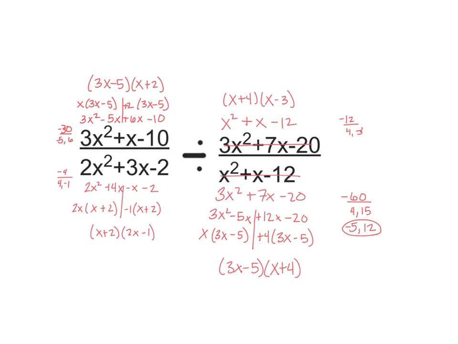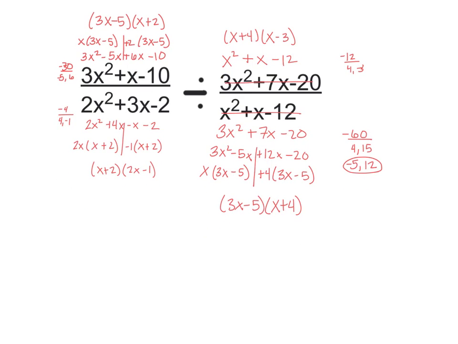And now I need to cross things out. So just because things are a little crazy, let's rewrite all of it down here. I have 3x minus 5, x plus 2. And remember when we flipped it, it changes to a multiply sign.